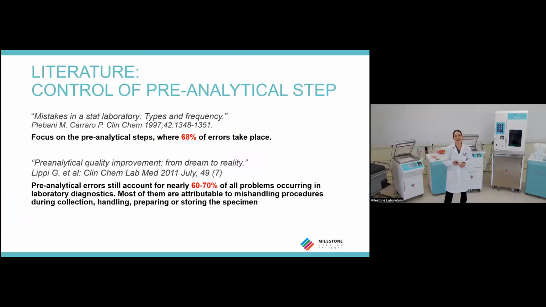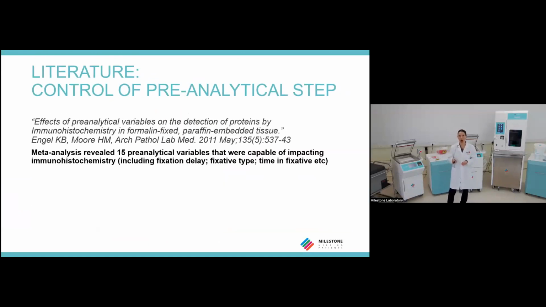Some articles show how many errors you can have in the pre-analytical, and some talk about the errors you can have in the collection of the specimen. Other articles talk about the number of variables in the pre-analytical. It's for this that right now it's difficult to control the pre-analytical, because it's composed of many steps and variables.